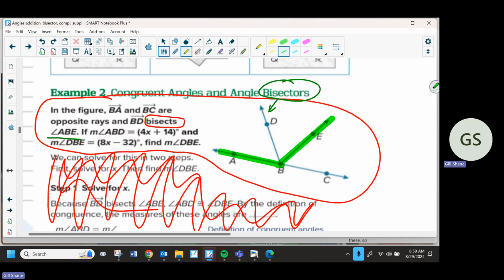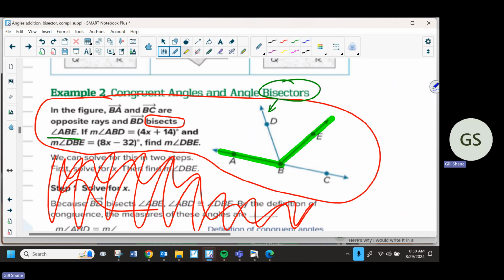So now here's where the concept comes in. If it bisects that green angle, what did it just do? What's true about the angle on the left and the angle on the right of BD? Here's why I would write it in.